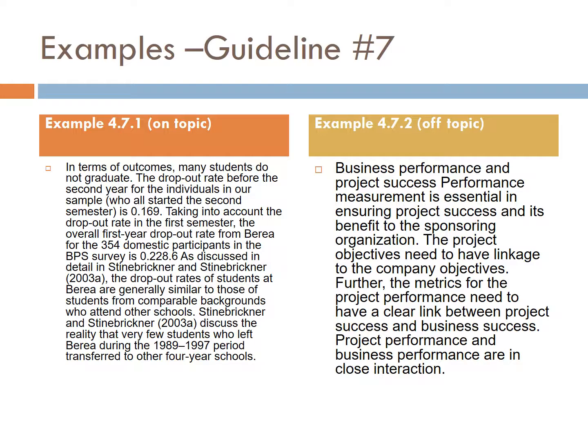It's completely off topic, and that's what you don't want to do. You want to make sure that you stay within your guidelines of what it is you are discussing and what it is you want your audience to study after you've written. And then as well, you just want to make sure that you stay within the subject or within the research of what it is that you are actually studying.